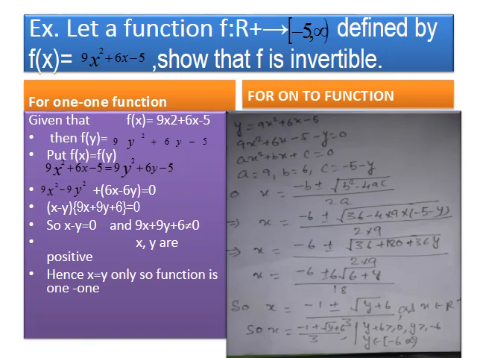Now after taking 6 common from the numerator and cancelling from the denominator, we get the value of x equals minus 1 plus minus under root (y plus 6) whole upon 3. And here x belongs to the positive real numbers, so that's why we have to neglect the negative solution. So we are left with x equals minus 1 plus under root (y plus 6) whole upon 3.